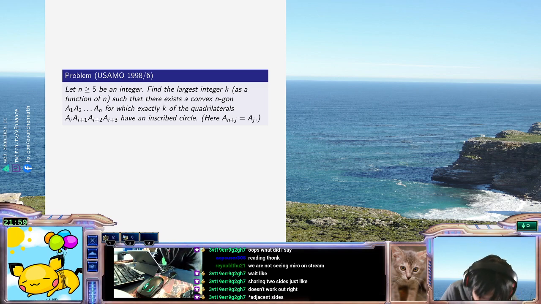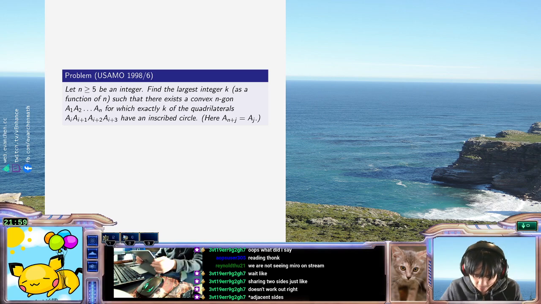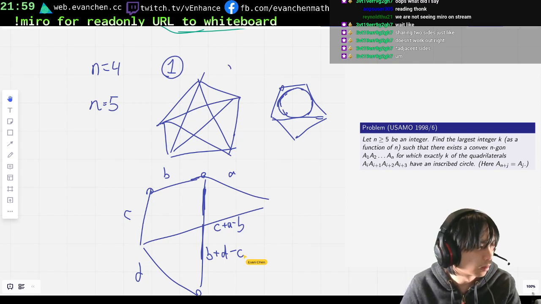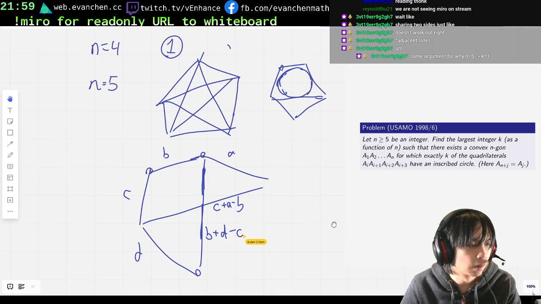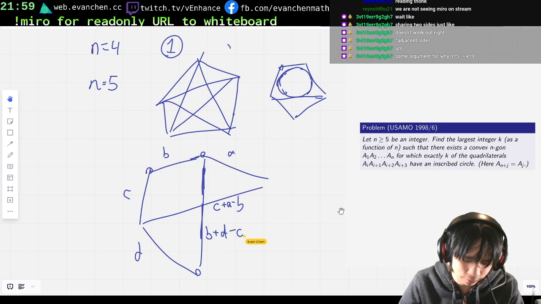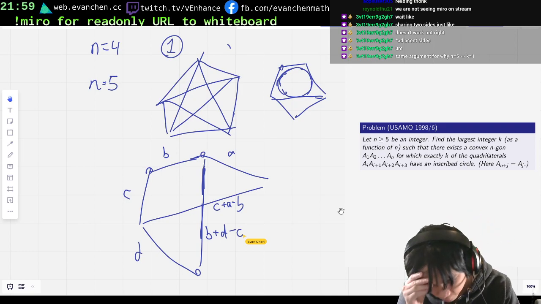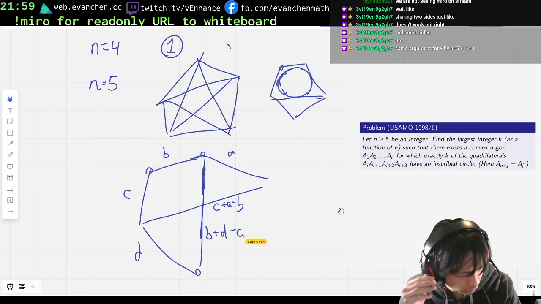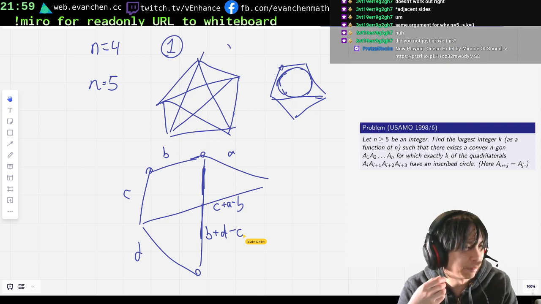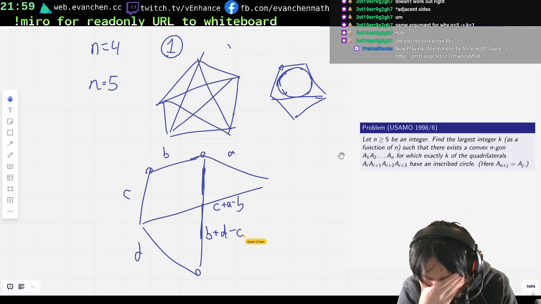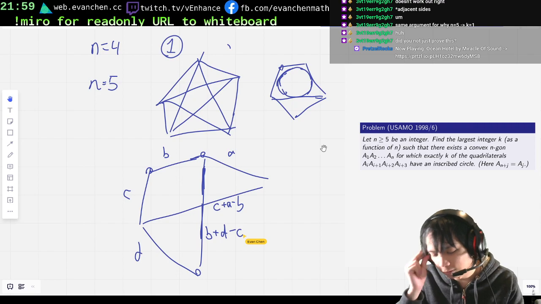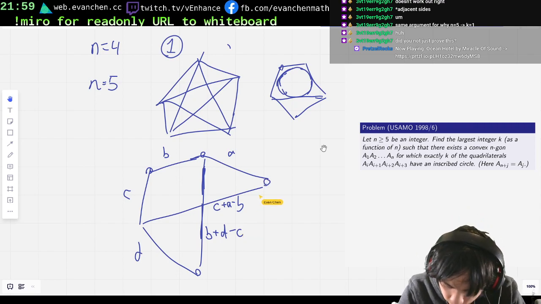Why not? I don't see why n equals 5 had to be k equals 1. In fact, or k equals 2. You're claiming that this shape that I've drawn never occurs, but I don't see why that's so. It would be nice if it was true, but I don't see why.